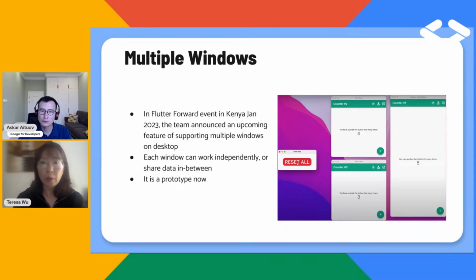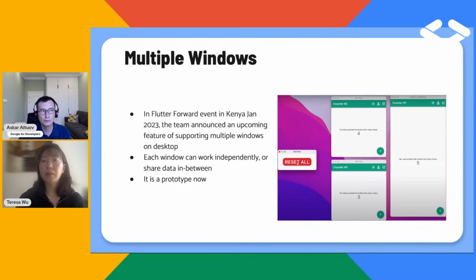This feature is not available yet for us to try, so I got this example from their talk. You can have different windows for an application, and you have ways to control how each window works: either the data is synchronized, or the action is not synchronized.